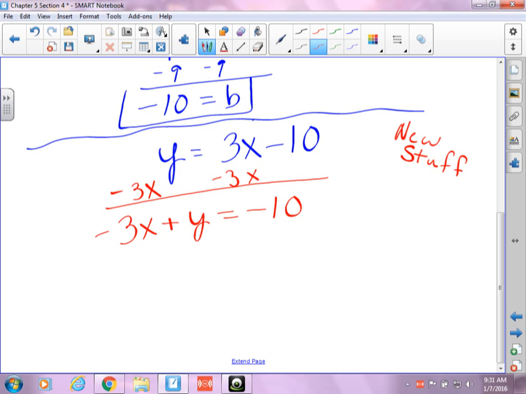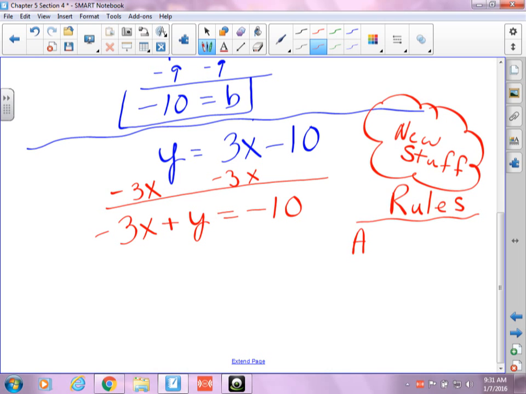And this is why we're not done. This is the new stuff, but there are a couple of rules about the line leader. Number 1, A can't be a negative number. So think of it this way.